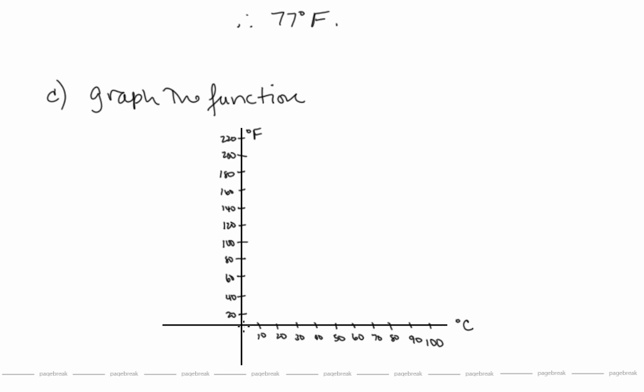So here we have our intercept 0, 32, and here 100, 212. And so our line will look something like this. And this is f equals 9/5 c plus 32.